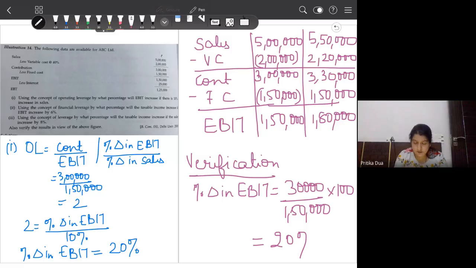In the second part, please start solving and first give the answer for financial leverage. How much is it coming to?